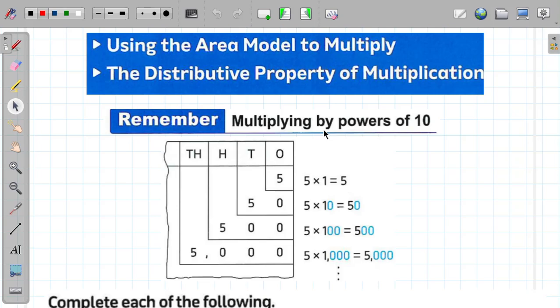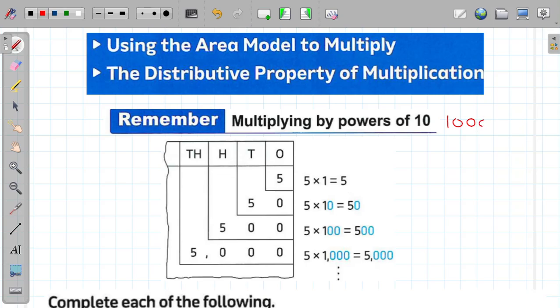Let's remember first multiplying by powers of 10. What is the meaning of powers of 10? Powers of 10 means if we have 10 and we add zeros next to 10. So if I have 10 and I add a 0, I have 100.